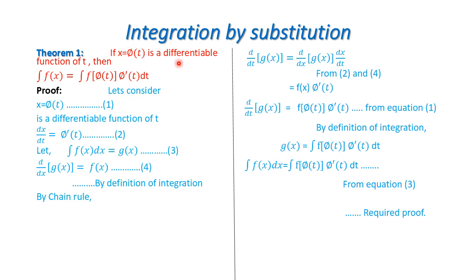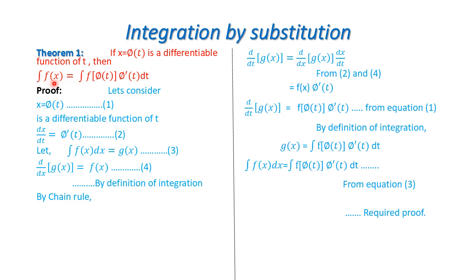See the statement again: if x is equal to phi of t is a differentiable function of t, then the integral of f(x) dx is equal to the integral of f of phi of t into phi dash of t into dt.